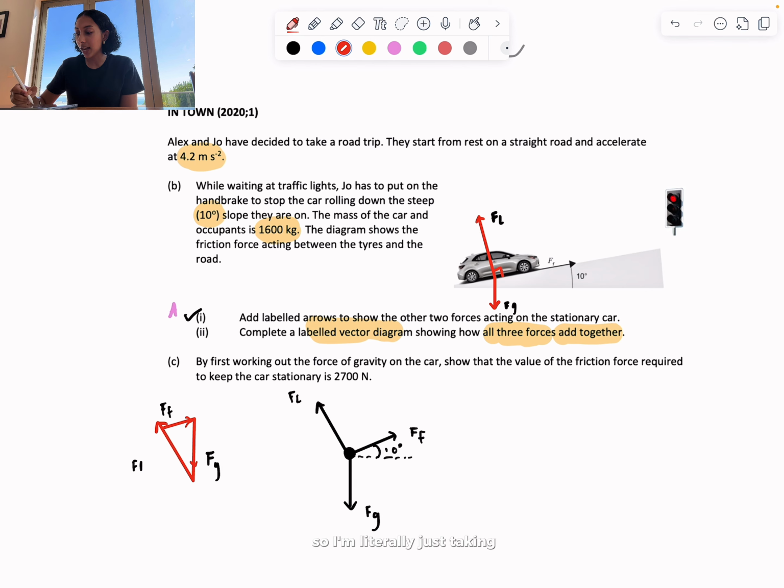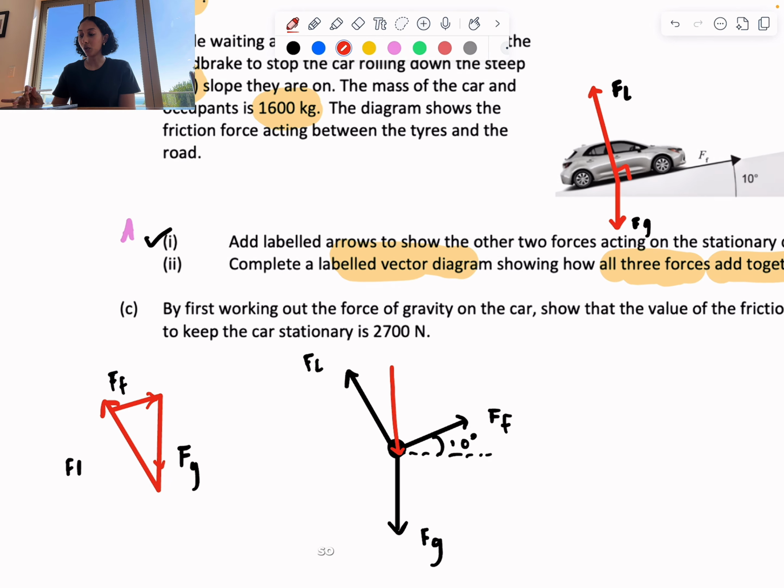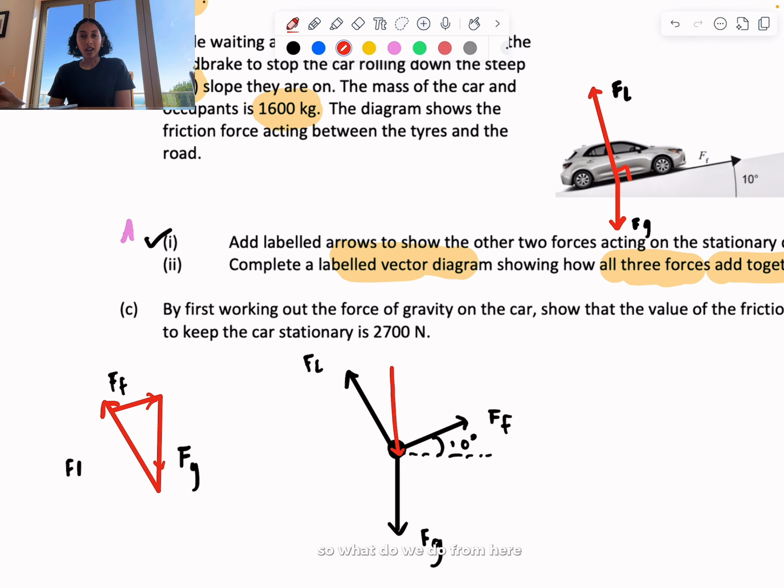I'm literally just taking my gravity force and redrawing it so it's in between my two force vectors that I've already got, FL and FF. So what do we do from here? How is this going to allow us to figure out where this 10-degree angle goes in our vector diagram? Well, let's have a look.